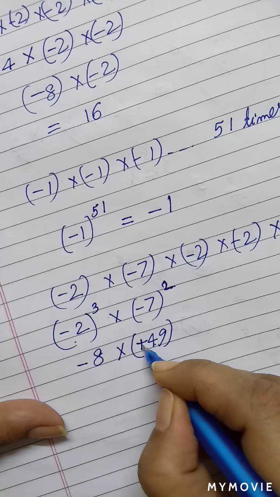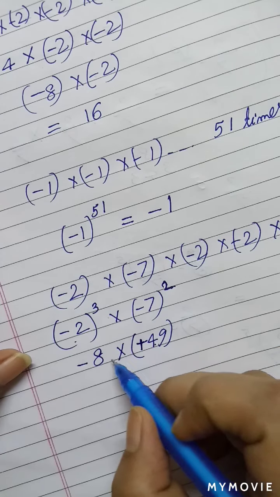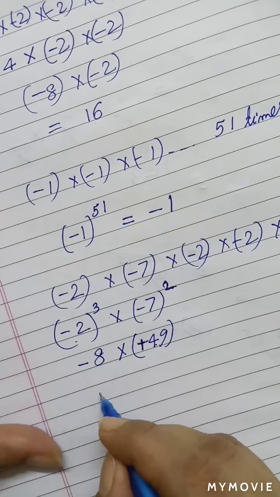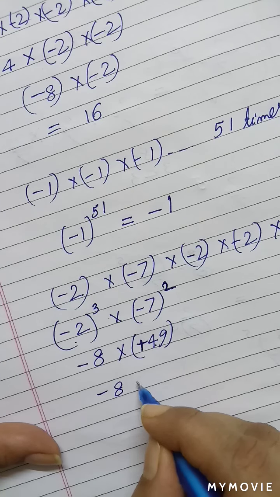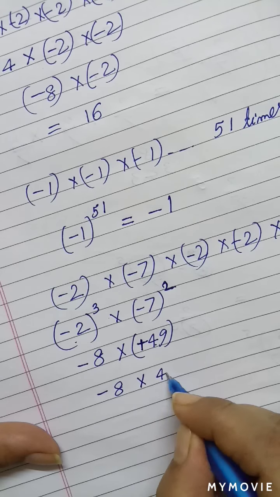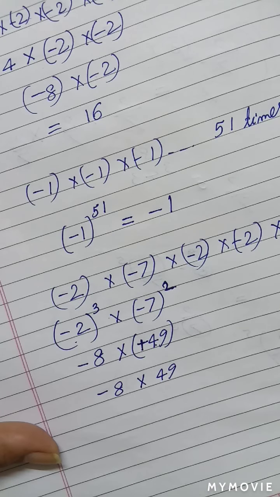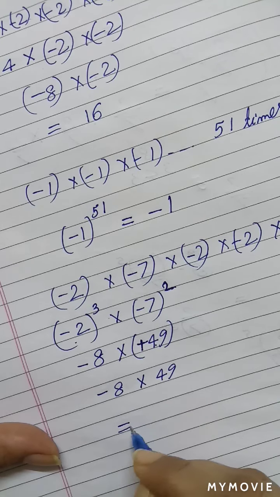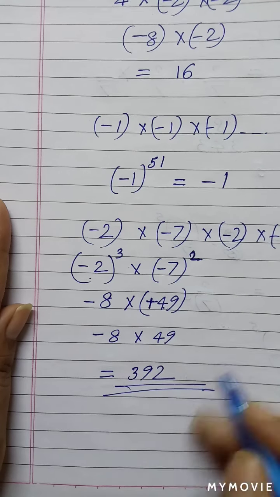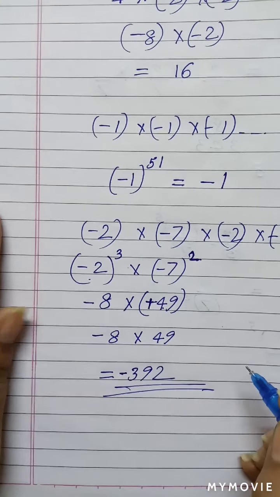I wrote the positive sign here because it is the sign. It doesn't mean that 8 multiply plus 49. Let me write it clearly. Minus 8 into 49. So this is going to be minus 392.